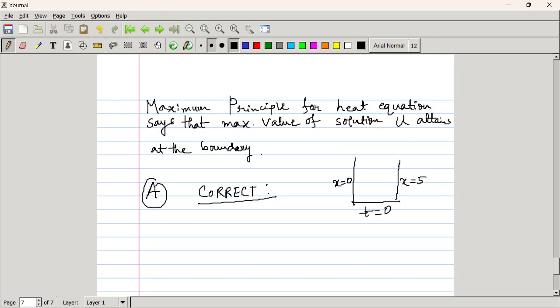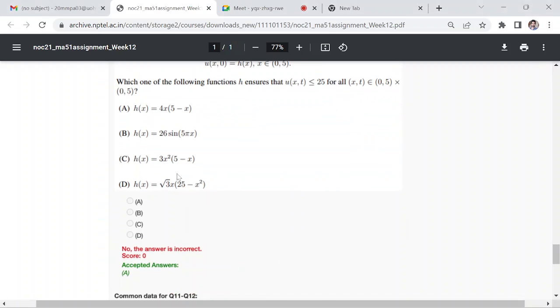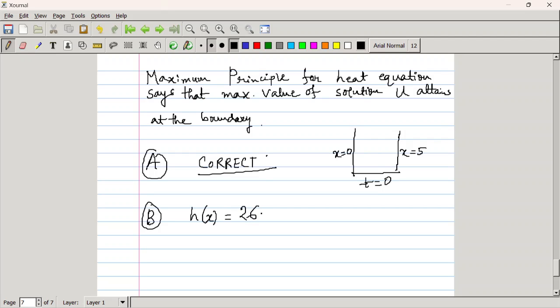Now option B. Option B is given as h(x) equal to 26 sine(5 pi x). But 26 sine(5 pi x) is always less than or equal to 26, because sine has maximum value 1.